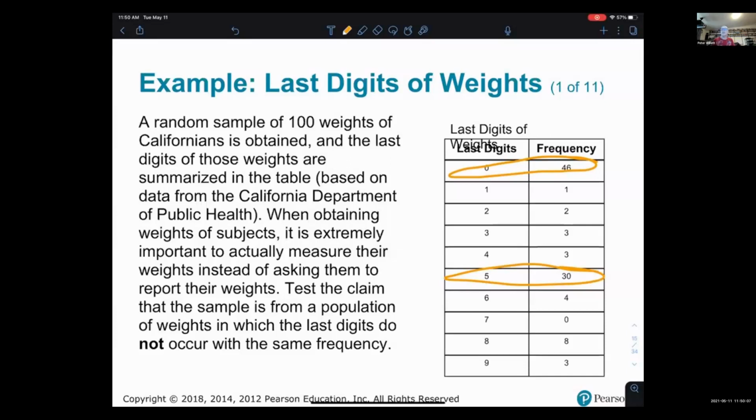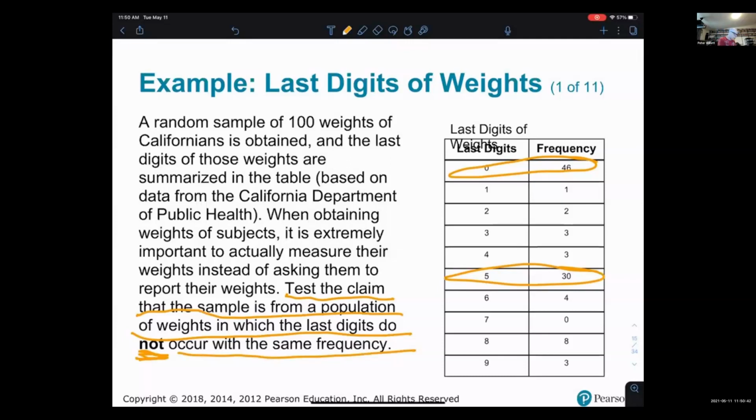So I'm guessing, just from a very stark example here, that they're going to conclude that these do not fit well with a uniform distribution, which would mean that not all of the last digits were equally likely, which means they probably didn't weigh these people. They let them just say how much they weigh. But nonetheless, we are testing the claim that the sample is from a population of weights in which the last digits do not occur with the same frequency.